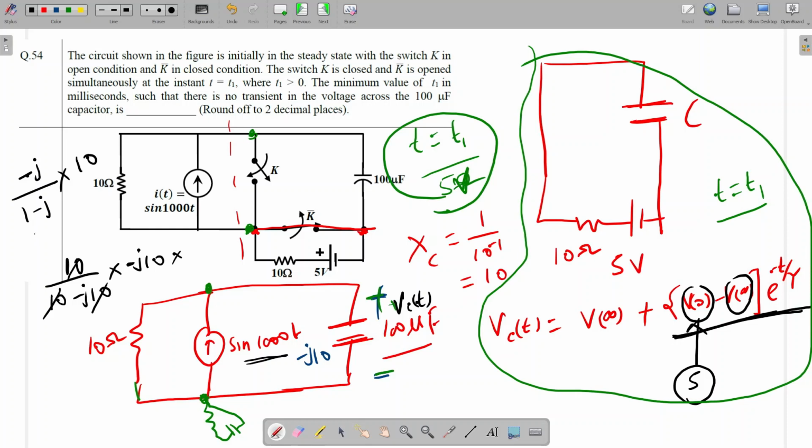Okay. So for this complex number, what will be the magnitude and angle? Can anyone tell? This is the complex number which will be multiplied with the sine. Any sinusoid, if we multiply it with a complex number, it will contribute one angle and one magnitude. So can anyone tell what will be the magnitude of this complex number? Anyone can reply?